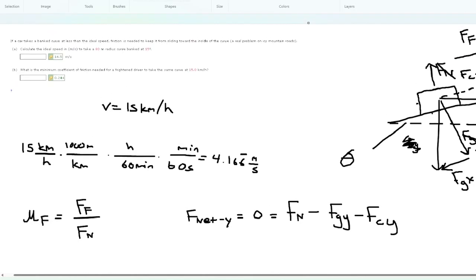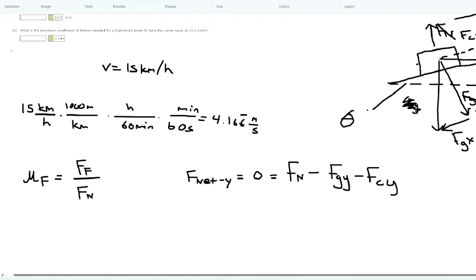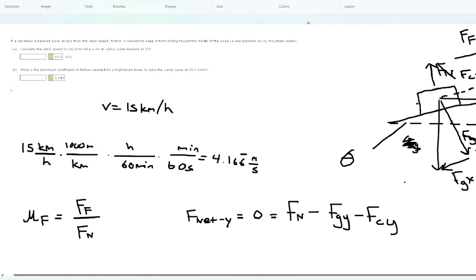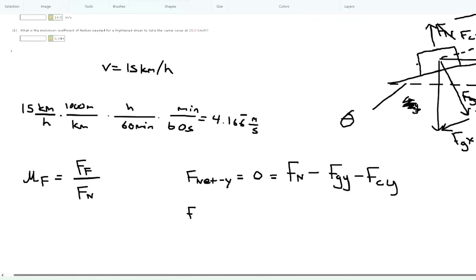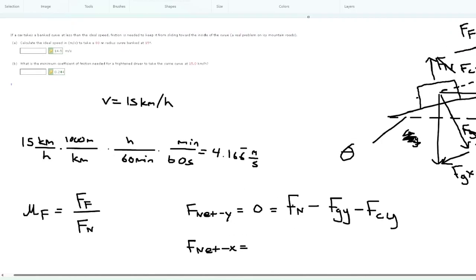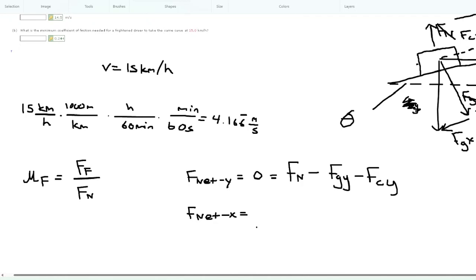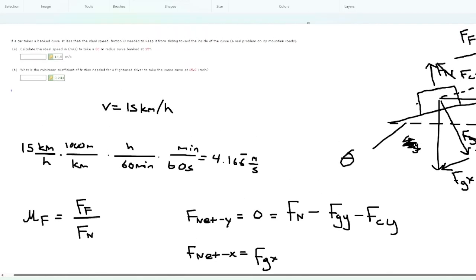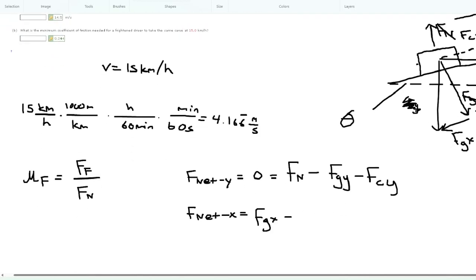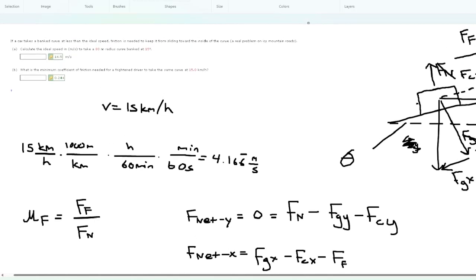So what about here? In this case, F net in the horizontal direction is going to be equal to FGX minus the force centripetal in the horizontal direction minus friction, force of friction, which is up here.